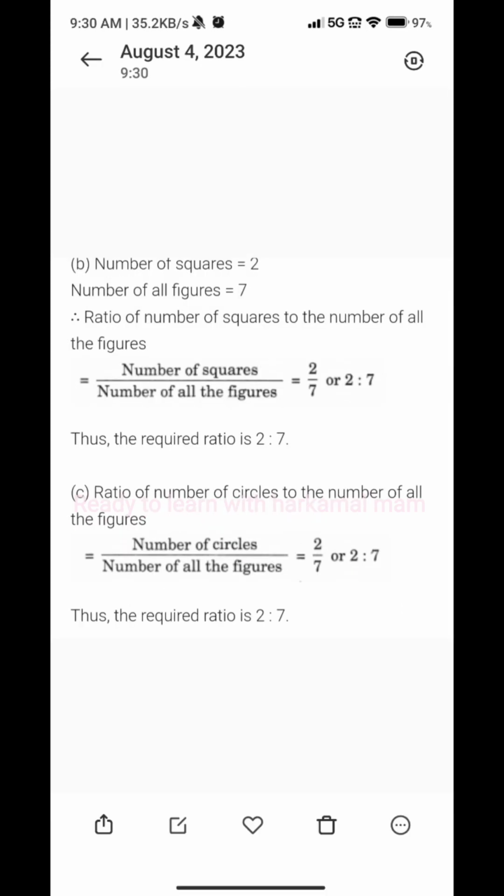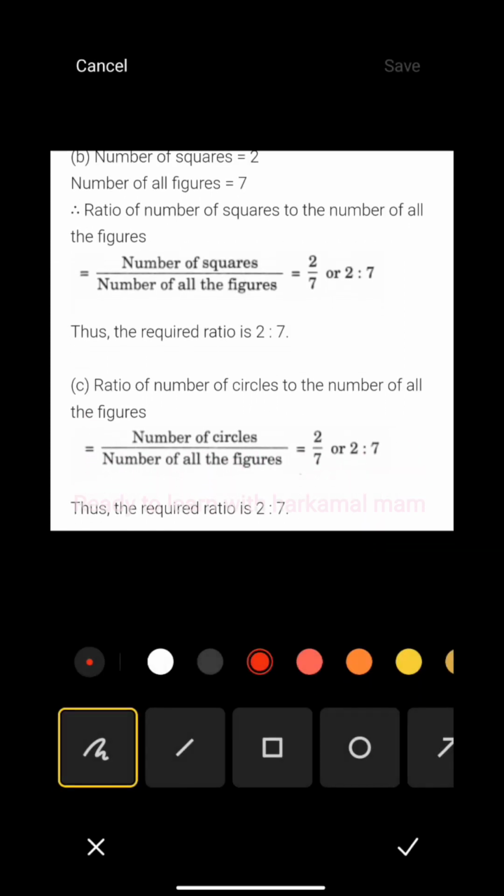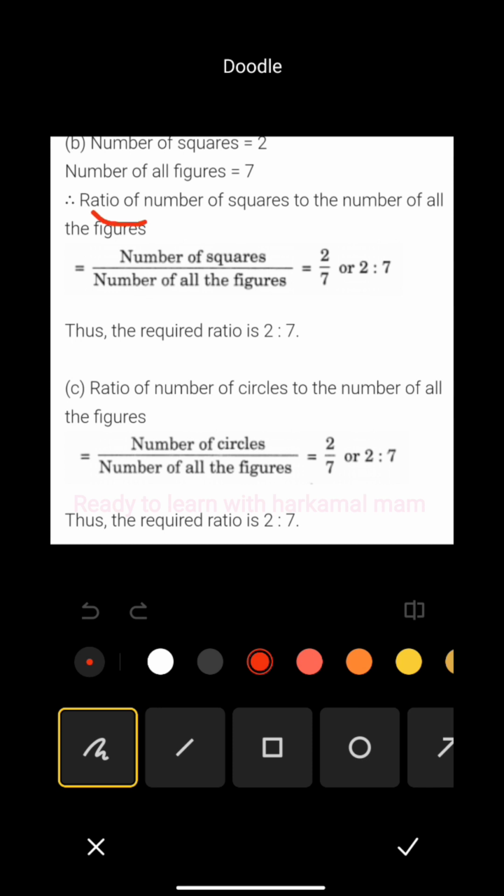So next we have to find the ratio of the number of squares to the number of all figures. Okay, so we have to check the ratio of the number of squares to the number of all figures, right?